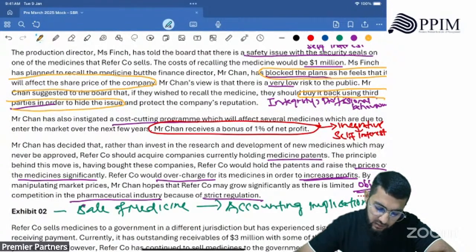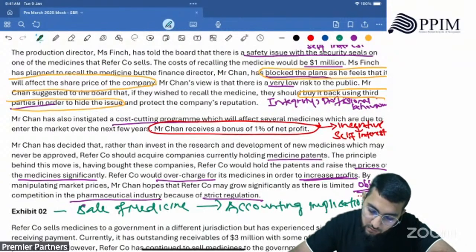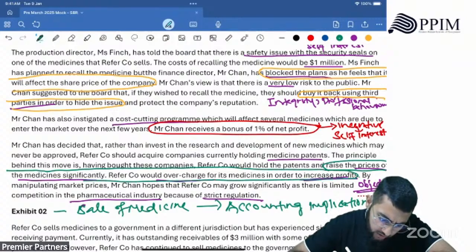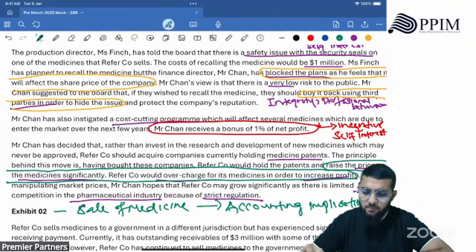The principle behind this move is that by having both these companies, RiverCo would hold the patents and raise the prices of the medicines significantly. Now, this is where objectivity comes in, right? This entire section indicates the issue with objectivity. Okay?